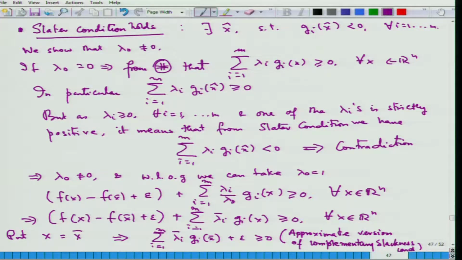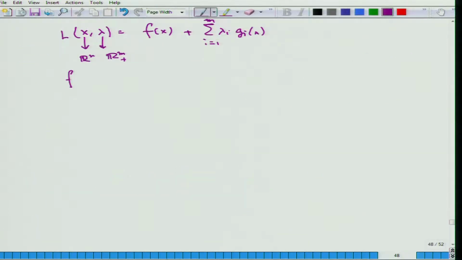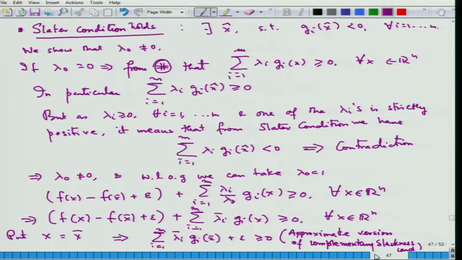That is something one has to see. I would get the following. From here I will get f x plus summation I is equal to 1 to m lambda I bar g I x minus epsilon is greater than equal to f of x bar. So, this inequality will lead me to this.